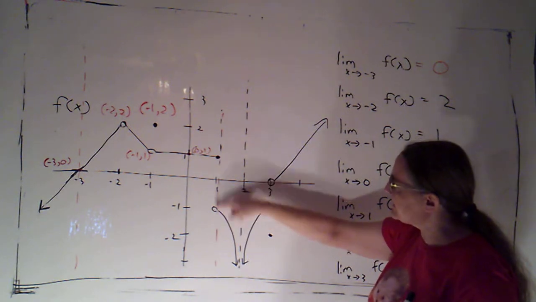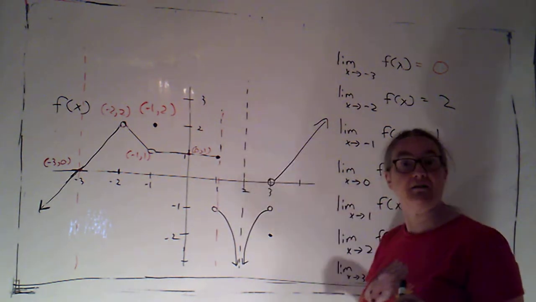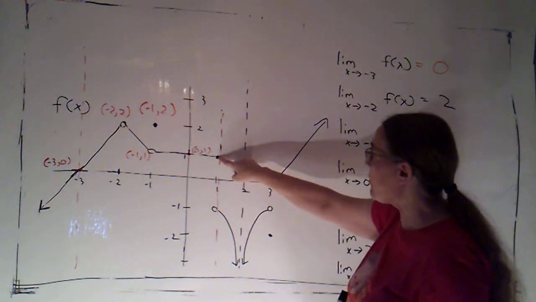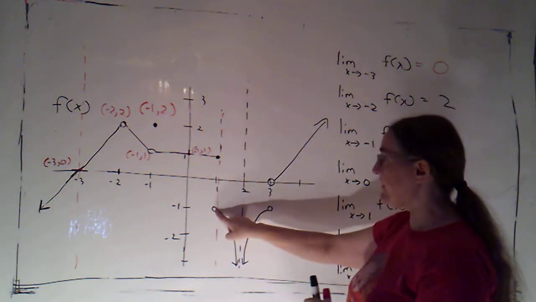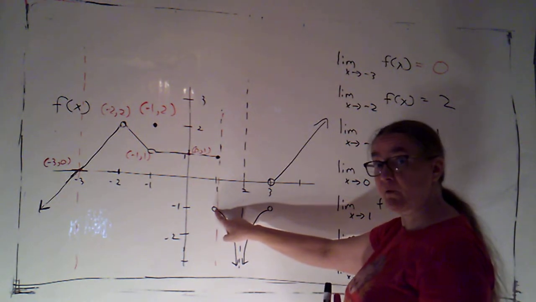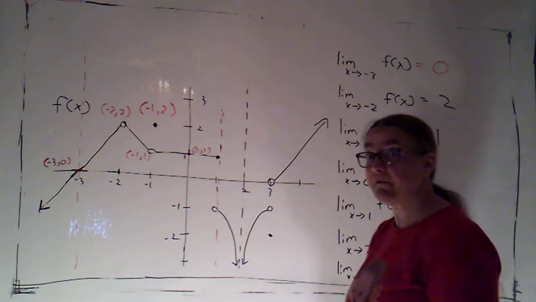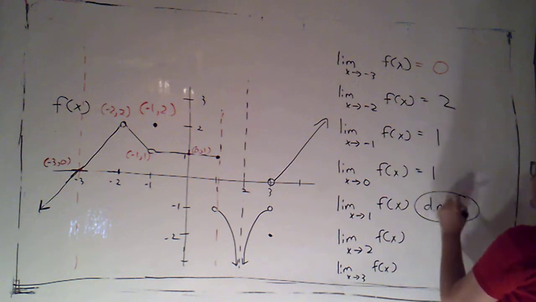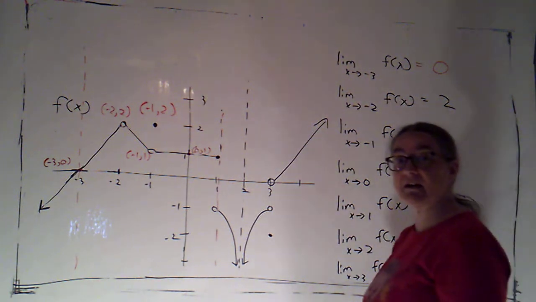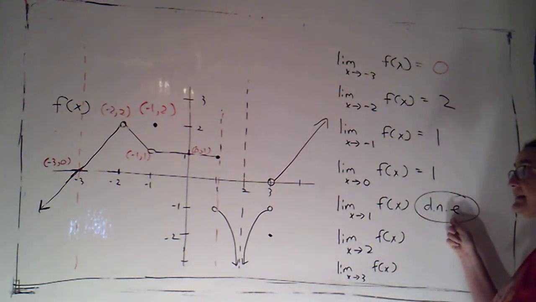But what's important here is that my expectations were different. I expect a y value of 1 coming from the left. I expect a y value of -1 coming from the right. 1 and -1 are different answers. And the limit, if it exists, has to be unique. So we would say this does not exist.